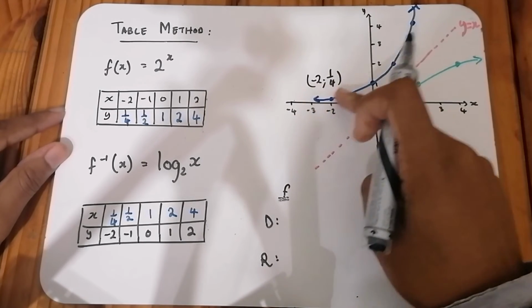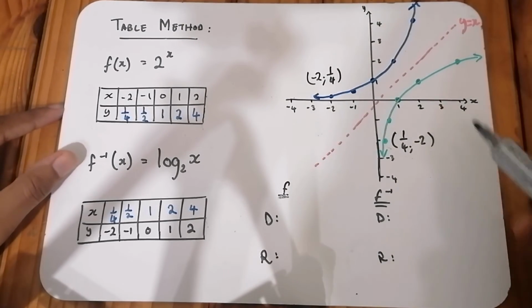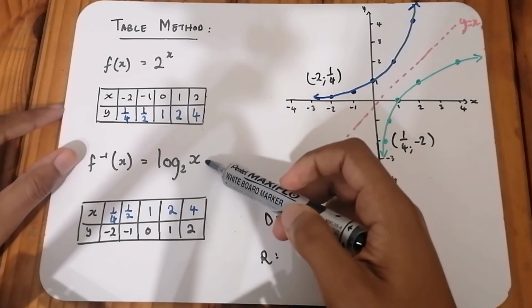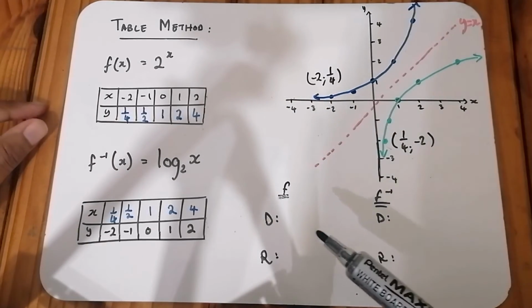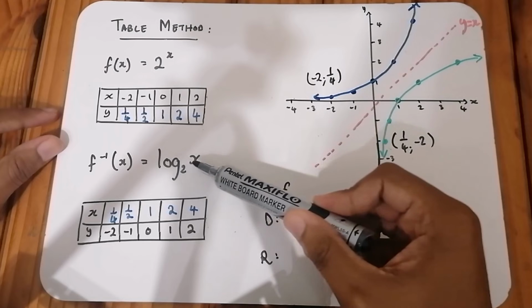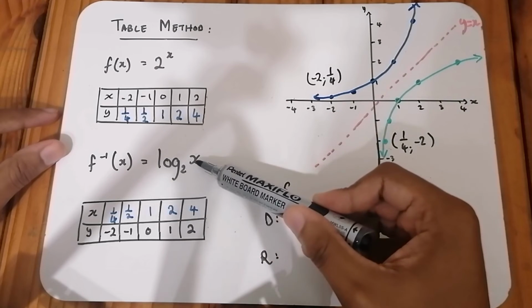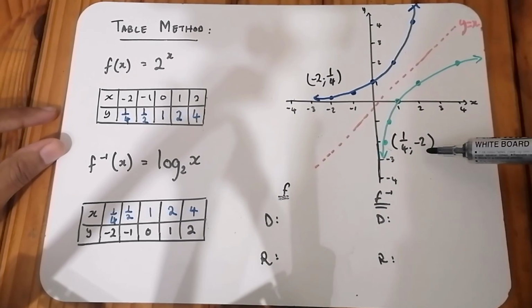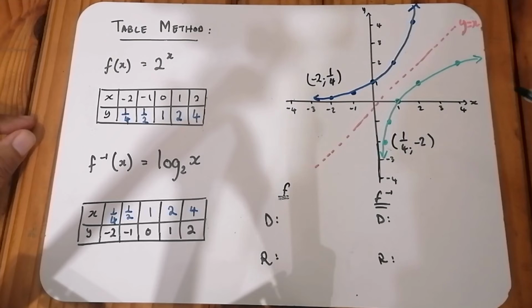So it's basically the same coordinates but just swapped. And so we find that if x is 1/4, log basically reverses the exponent. You ask yourself, if the base is 2, 2 to the power of what is going to give me 1/4? And the answer is negative 2. So that's how you read log and exponents.